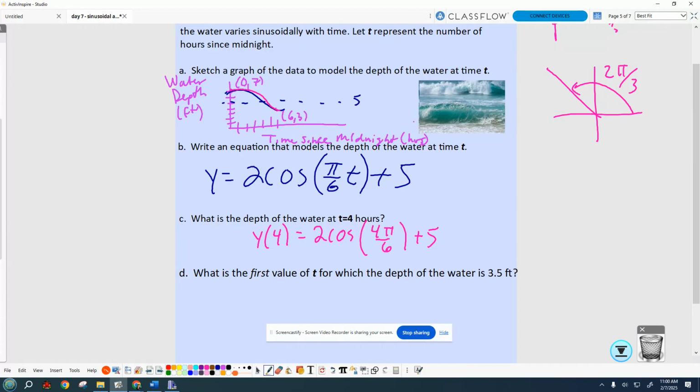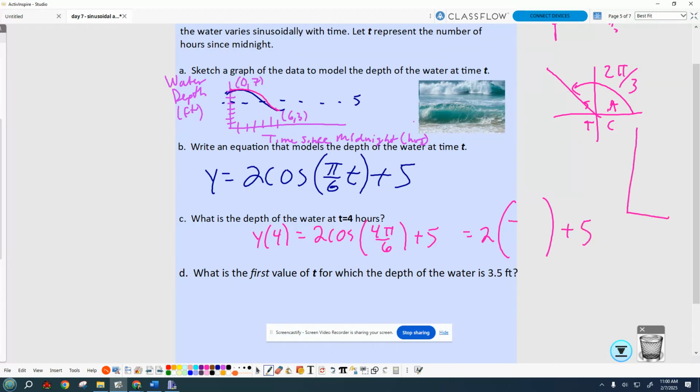Senna, is cosine positive there or negative there? All positive here, sine and its reciprocal there, tangent here, cosine there. So cosine's negative. So I'm gonna do 2 times something that's negative, plus 5.